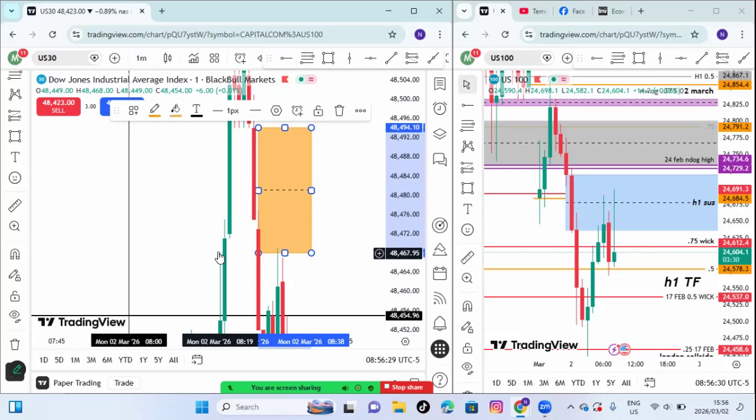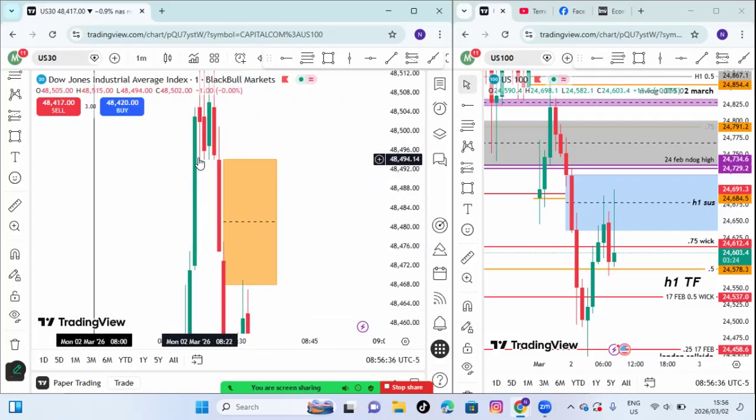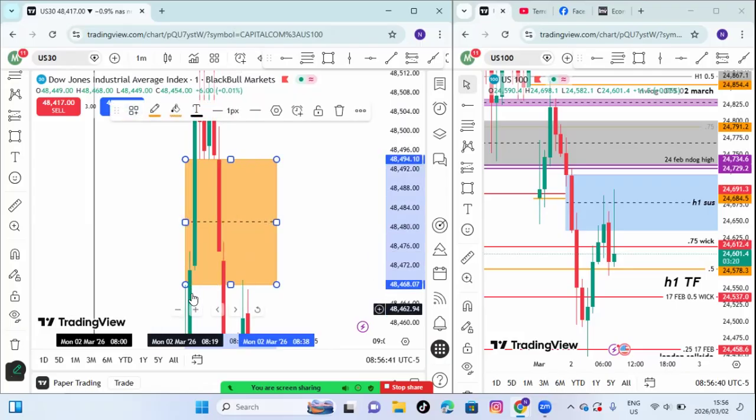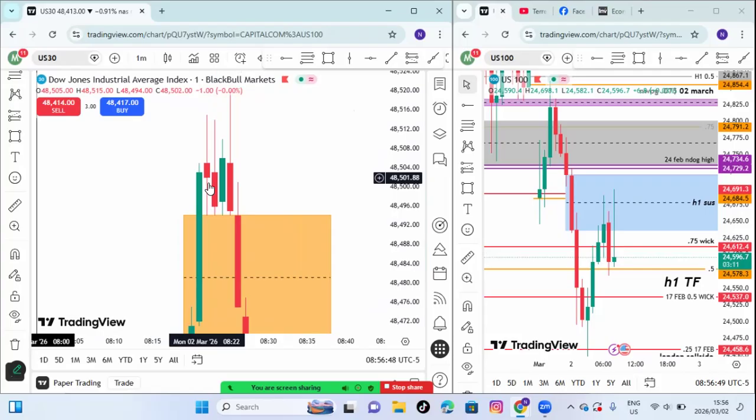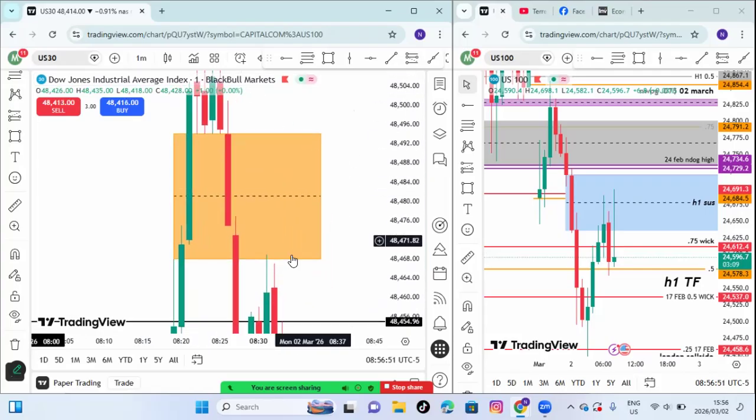So if you want to mark that fair value gap, you're going to start there, but you don't stop there because you're looking for that too. So the real range is this, from there, including the volume imbalance, up to the low of that candlestick. That would have been your exact fair value gap candlestick, right? So this was your sell.